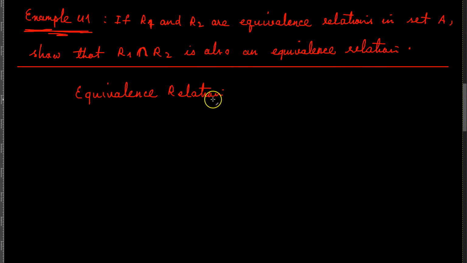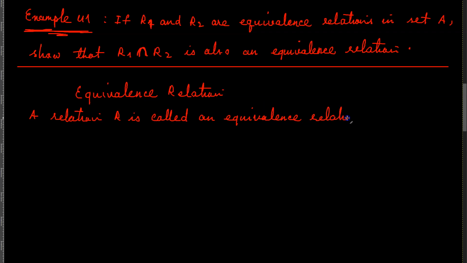So to go back to the definition that we had, we said that a relation R is called an equivalence relation if R is reflexive, symmetric, and transitive, right?